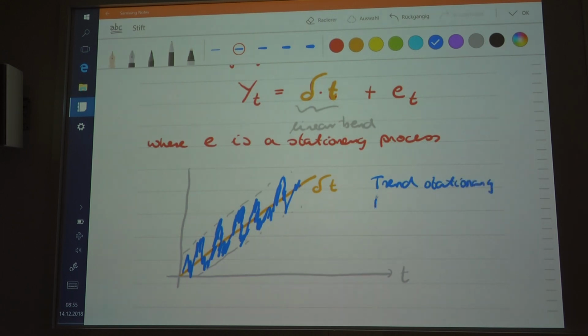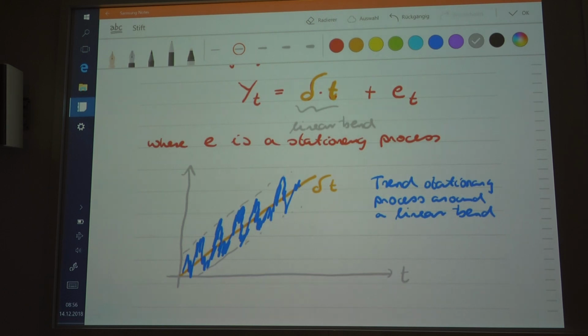That's what you're going to get. So this is a typical pattern of a time series that you would identify as a trend-stationary process.